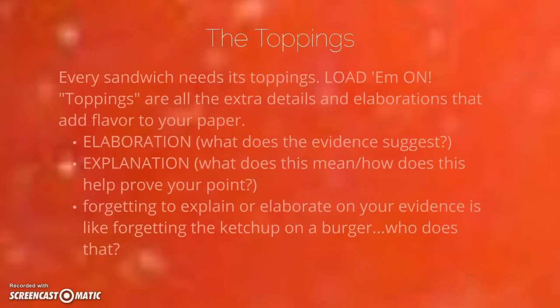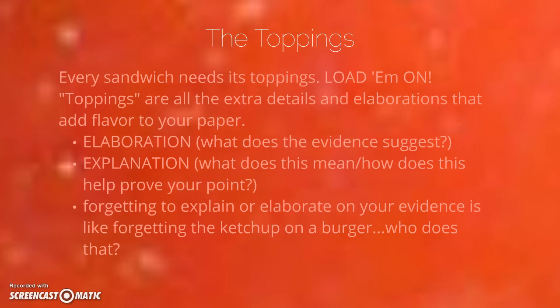Then, of course, you don't want to forget the toppings. This is where you get all the flavor, and you want to load them on. The toppings are all the extra details and elaborations that you provide in addition to that supporting evidence. When you give supporting evidence, you always want to accompany it with elaboration or explanation of that supporting evidence.